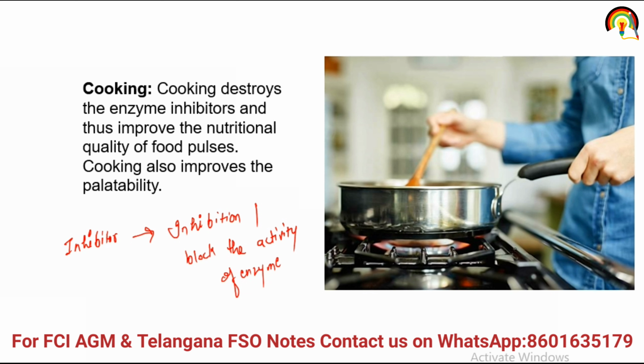But cooking destroys the enzyme inhibitor, which inhibits the enzymatic activity, and thus improves the nutritional quality of food pulses. Cooking also improves palatability. So cooking activates the enzymes, inhibits the enzyme inhibitors and improves the nutritional quality of food pulses.